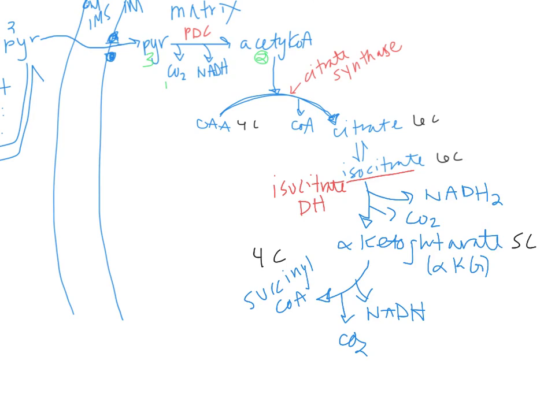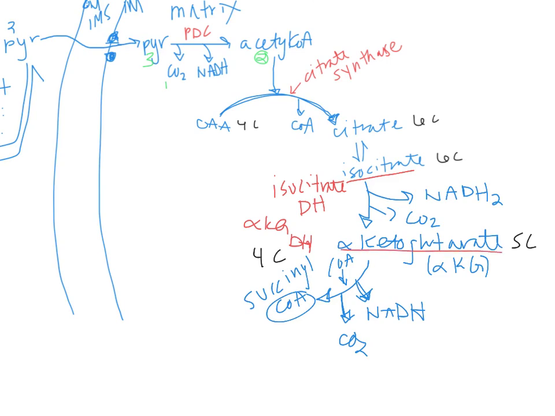I'm just trying to save a little bit of space here. We added on a CoA, so we need to add a CoA going in. Then this enzyme, because again there's a redox reaction going on here, is alpha ketoglutarate dehydrogenase. Again, the dehydrogenase is named for its substrate, alpha ketoglutarate.